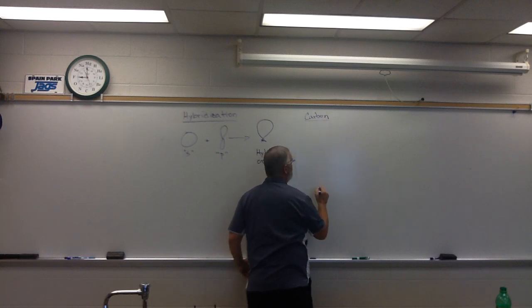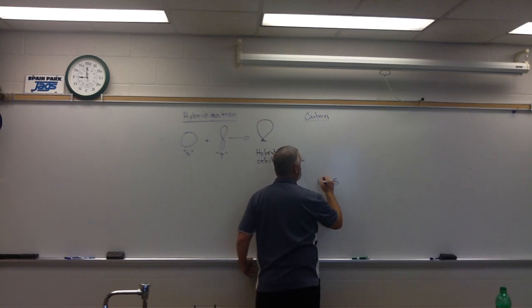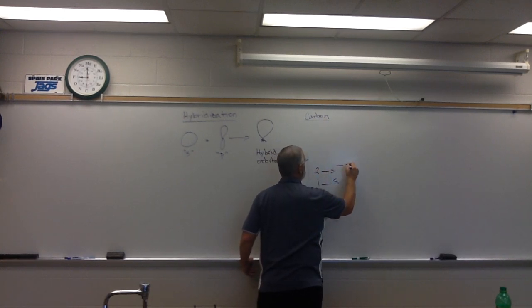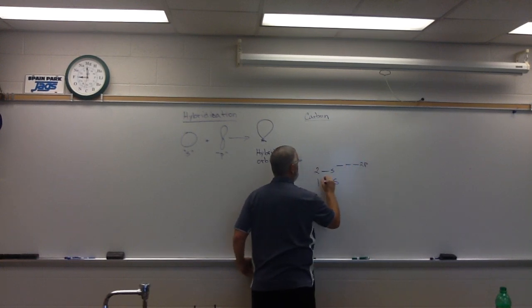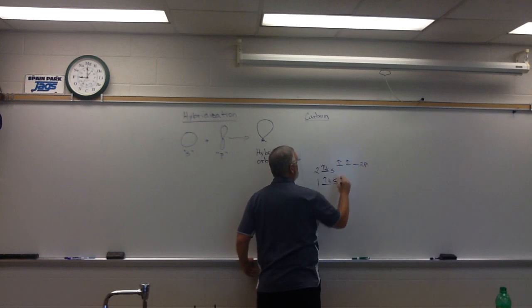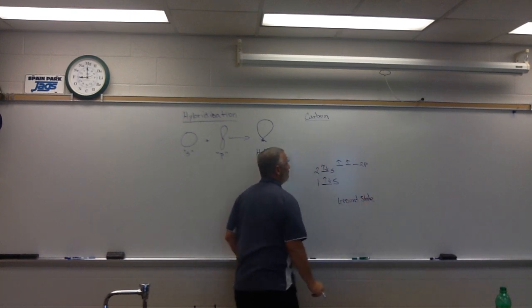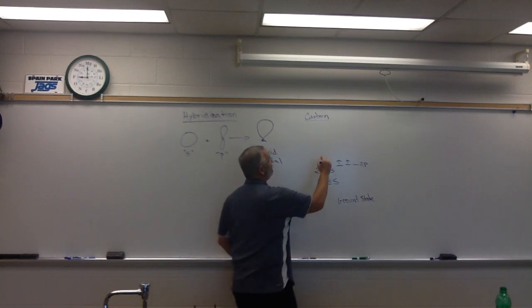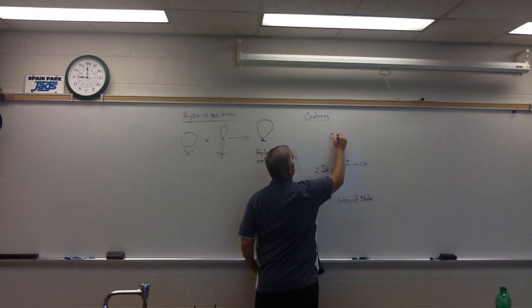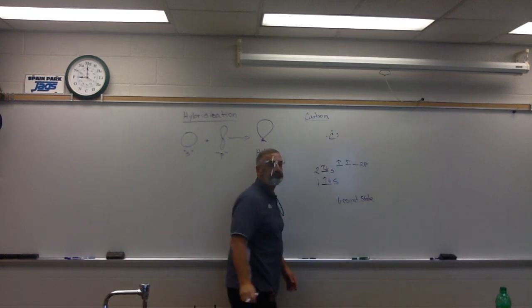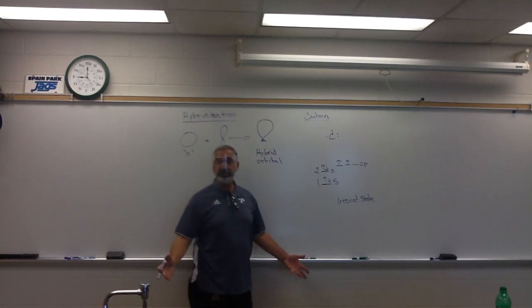Okay? Carbon's electron configuration is 1s, 2s, 2p. This is what we say is its ground state. Now if I was to draw the Lewis dot structure for that, it would have to look like that, if it was accurate, right?